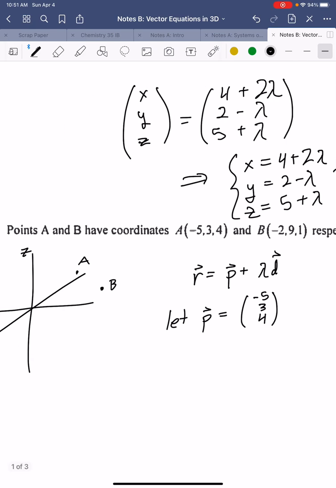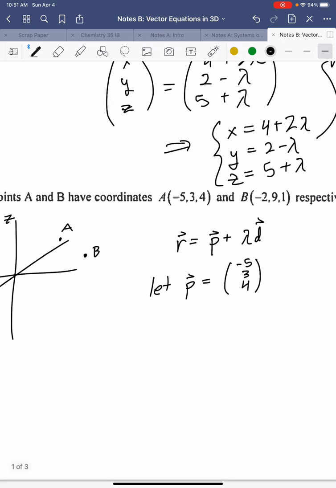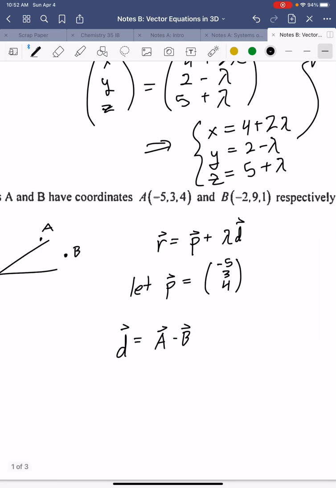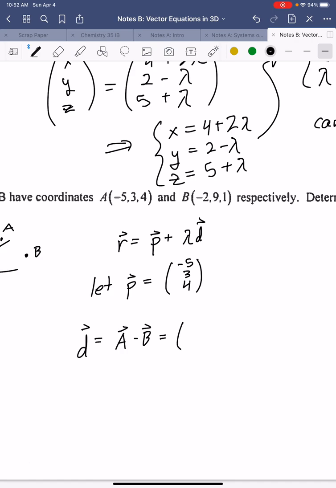And for D, D is just the direction. And when we subtract B from A or A from B, that represents the direction. So the direction could equal A minus B, which equals -5, 3, 4 minus -2, 9, 1, which equals -3, -6, 3.